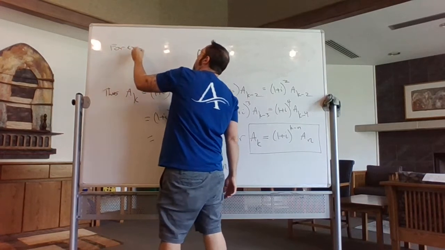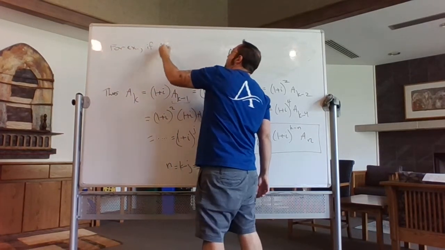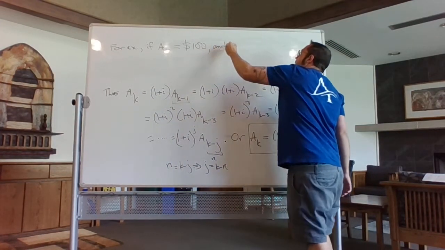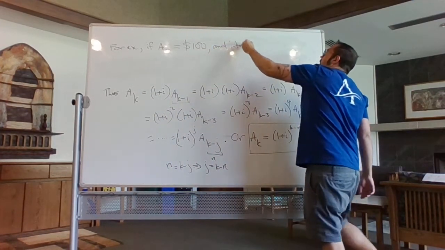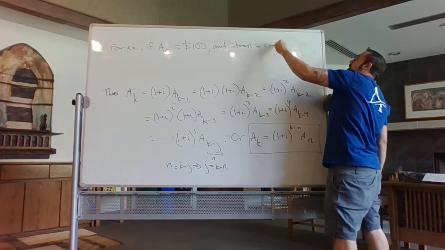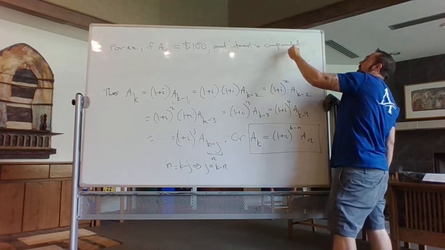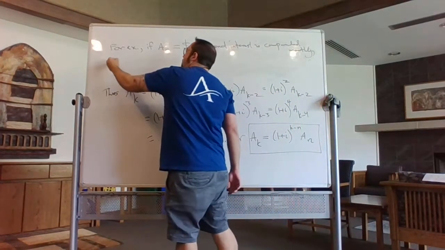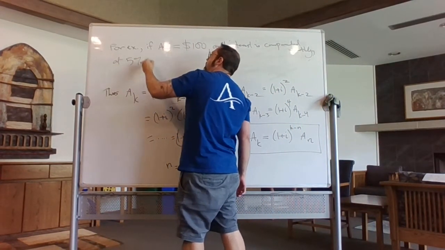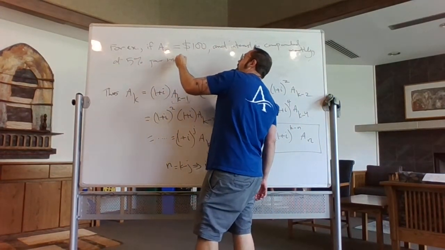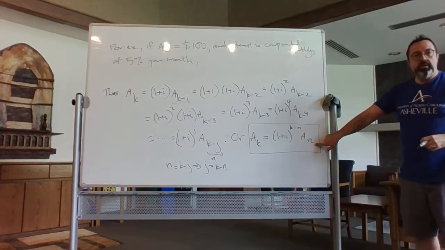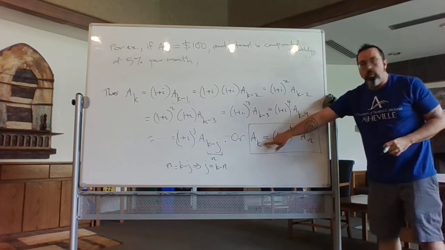For example, if a sub 0 is $100 and interest is compounded monthly at 5% per month, our initial amount of 100 becomes what after a year?